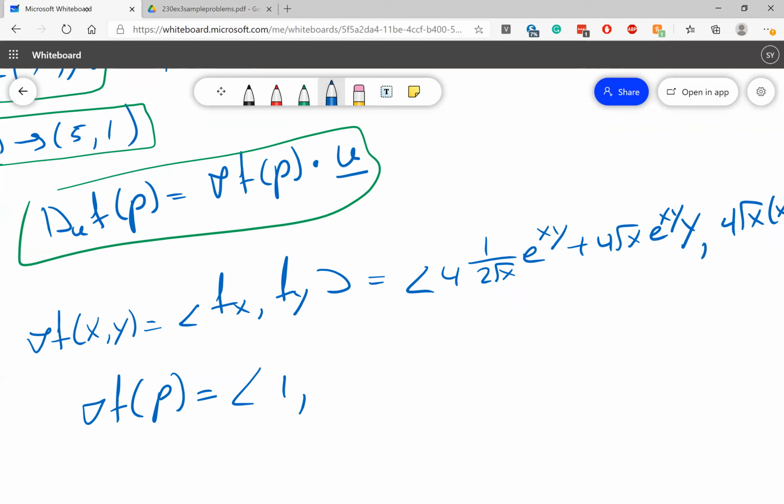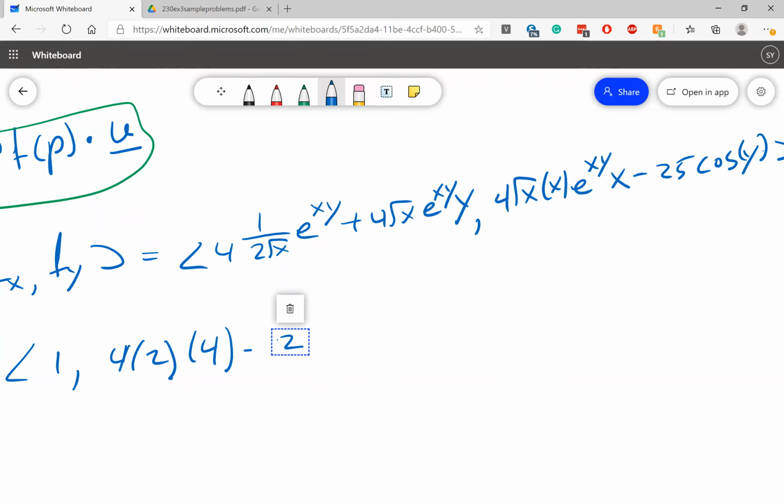and the second coordinate is going to be 4 times 2 times 1 times 4, and then y is 0, so minus 25.